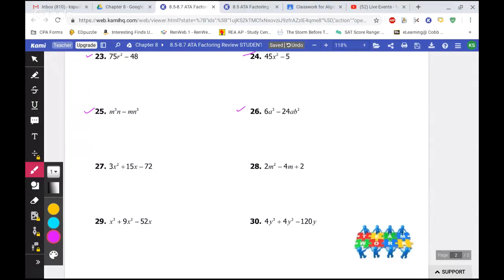The first thing that you're going to want to do on all of these is look for a common factor that is the same in each of the 3 terms, or in the case of difference of squares, 2 terms. In number 30 there's a number in common and a letter. The letter in common in all 3 of them is the y.